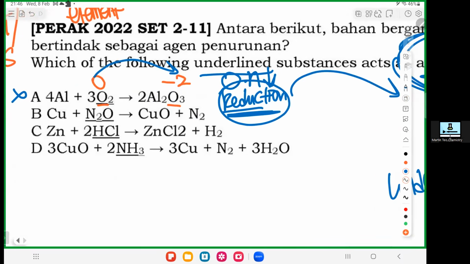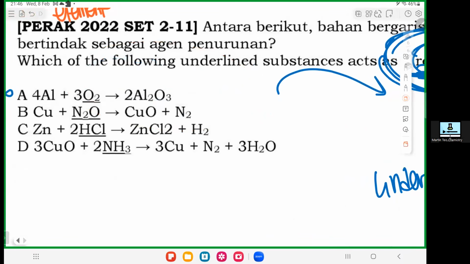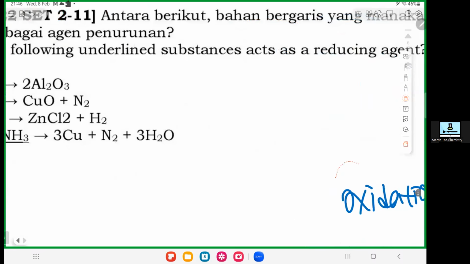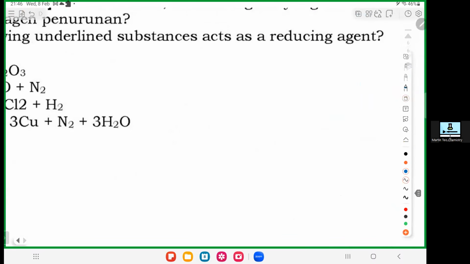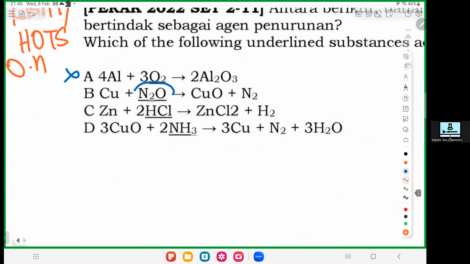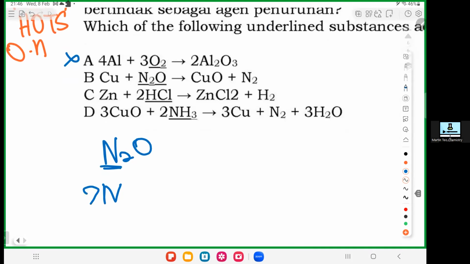So let's look at answer B. Same thing, only focus on the underlined part here. N2O. Do you know the oxidation number for the N here? Don't know? You let it be N. So how many nitrogen? 2 of it.